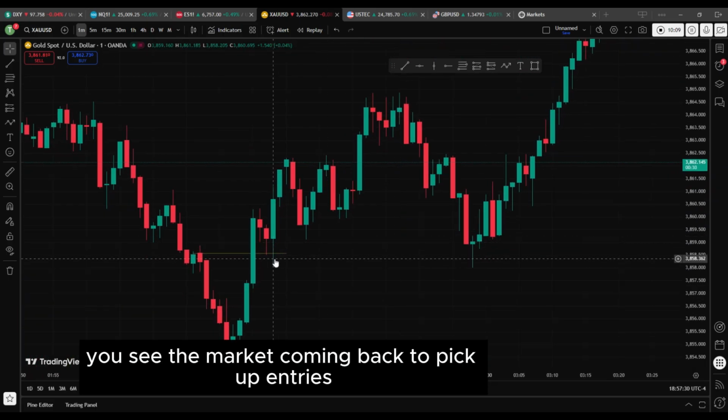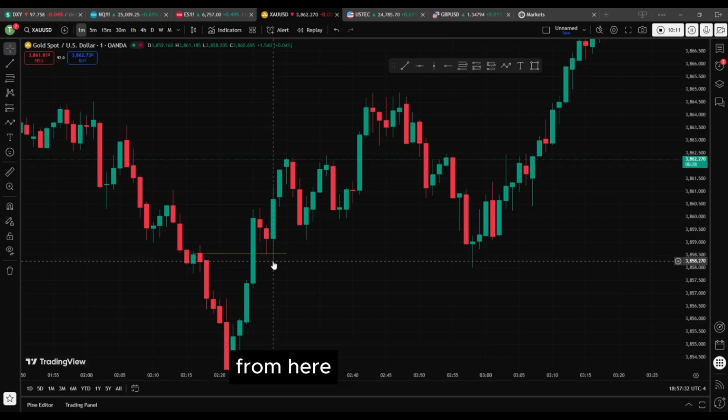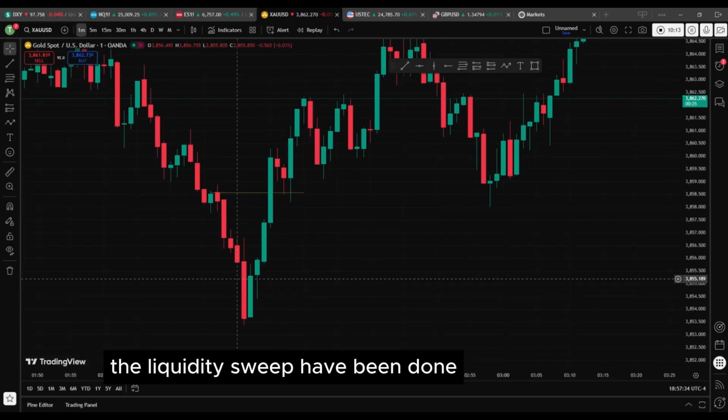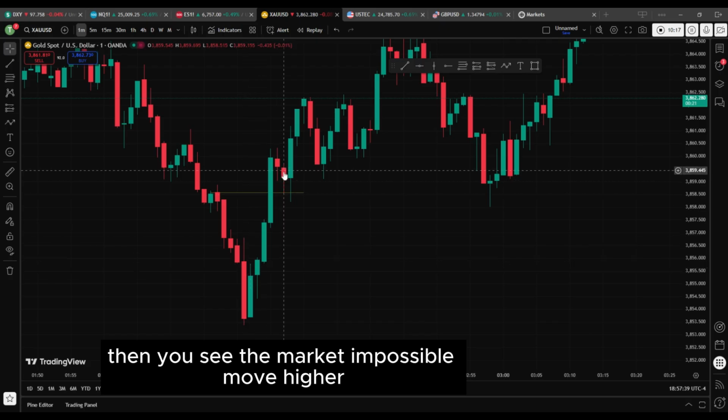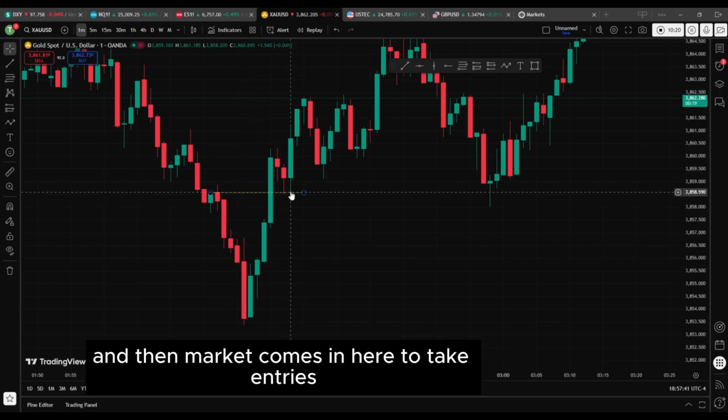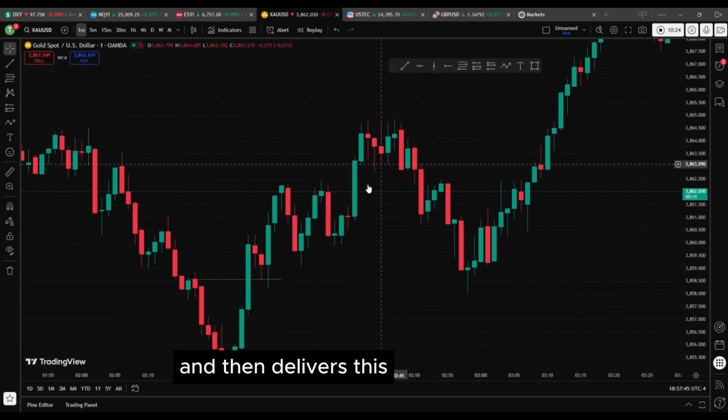You see the market coming back to pick up entries from here. Once the liquidity sweep has been done, you see the market impulsive move higher, and then the market comes in here to take entries and then delivers this high.